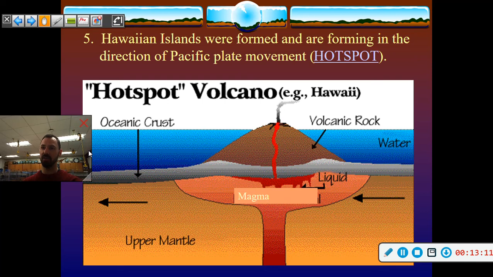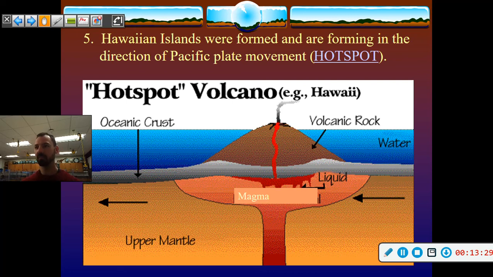So Hawaii is actually one of the largest mountains in the world technically, because if you go from the bottom of the ocean all the way to the top of the highest peak of the volcanic mountain there, it's one of the biggest mountains in the world. I think it's like third or fourth biggest in the world.